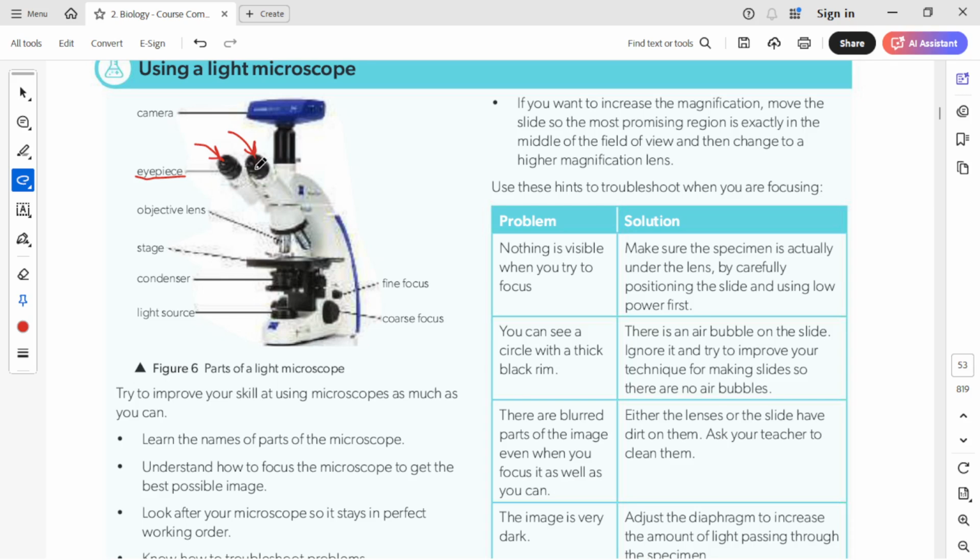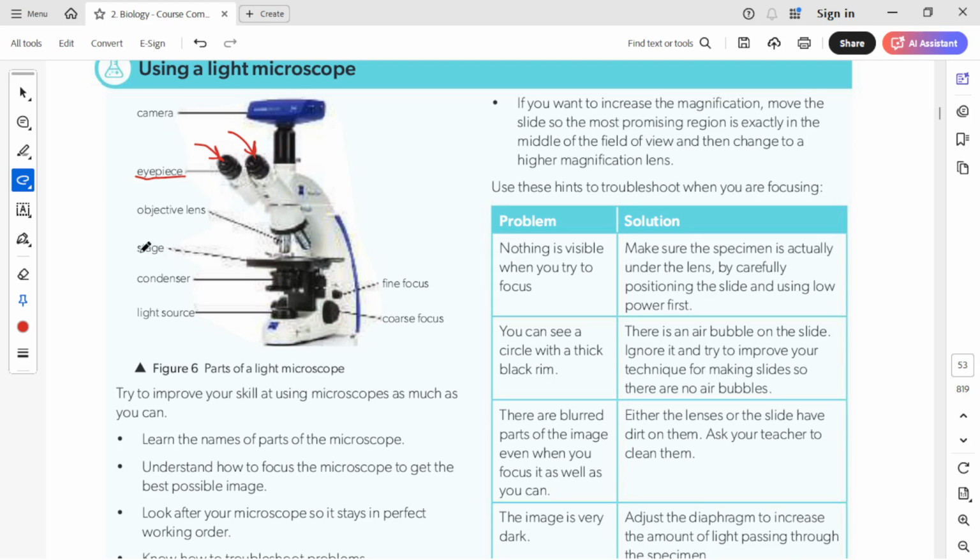The second lens is added over here, which is the objective lens. Objective lenses can be of 2-3 types, with different magnifications. One might be 10x, 20x, 40x, like that. So you can change the lens according to your requirement, depending on what size of object you want to see.